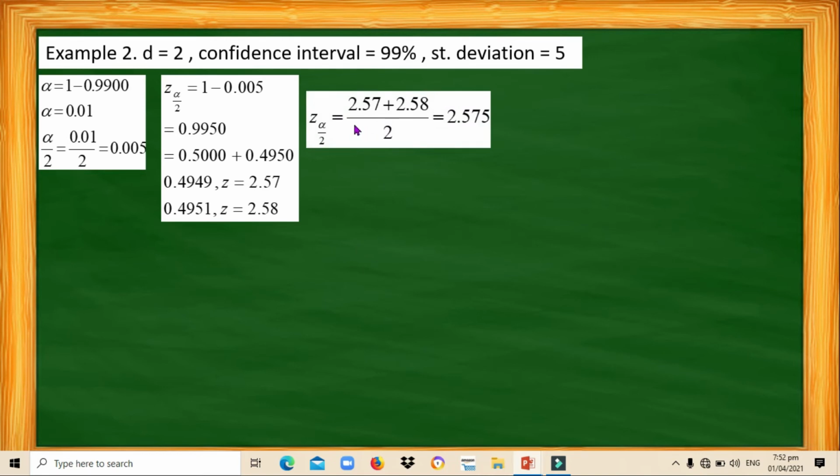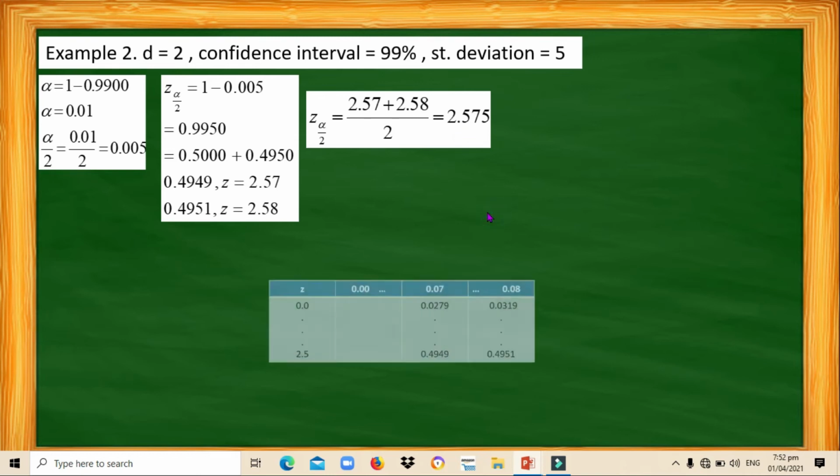Okay, so to compute the z sub alpha over 2, we add these two z-scores: 2.57 plus 2.58 divided by 2, and that is equal to 2.575.